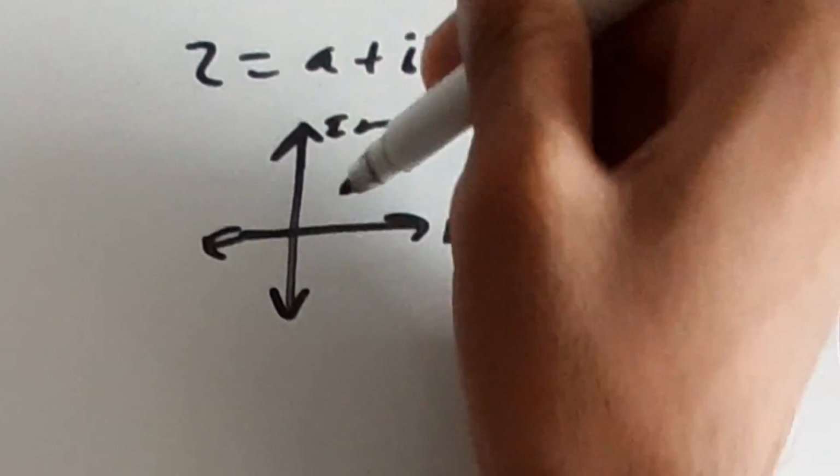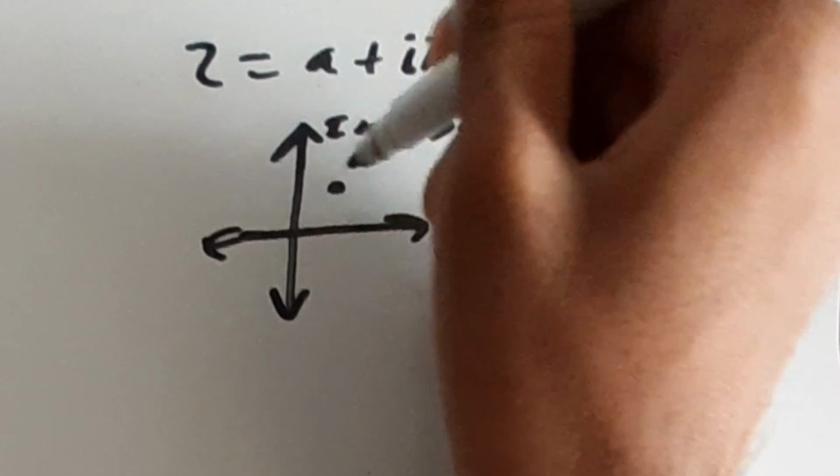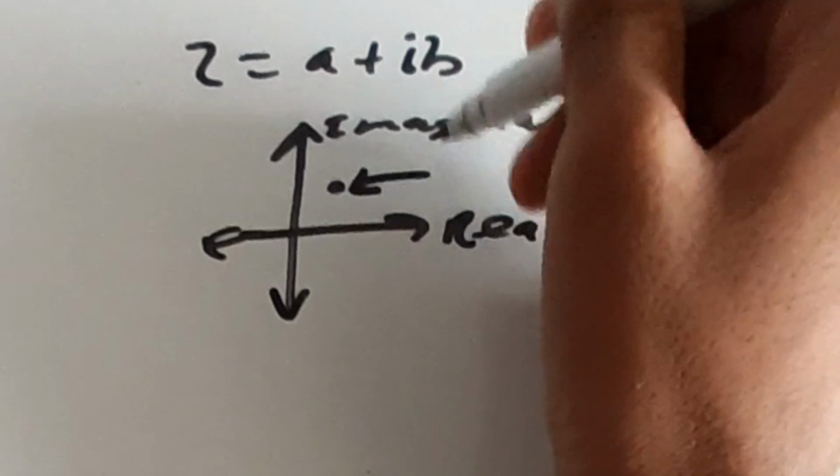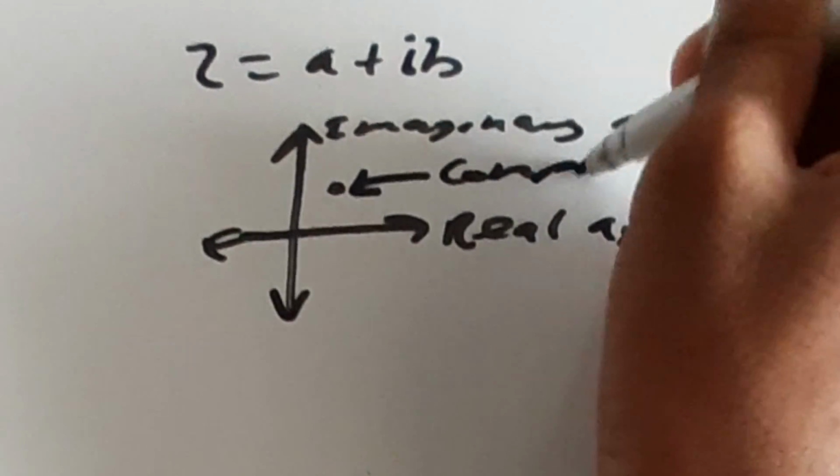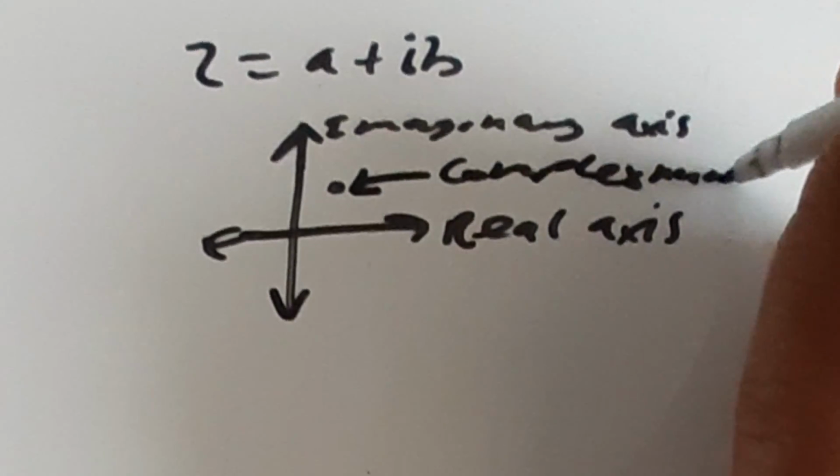Now, a point plotted somewhere in between here would be a combination of real and imaginary. Therefore, this would be classified as a complex number. Let's wrap up this session by looking at one practice example to finalize this introduction.